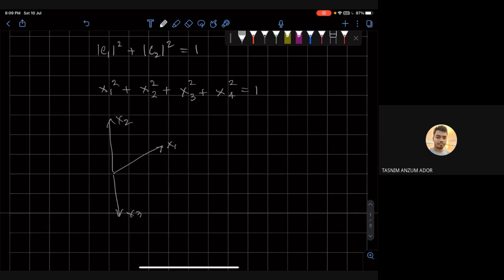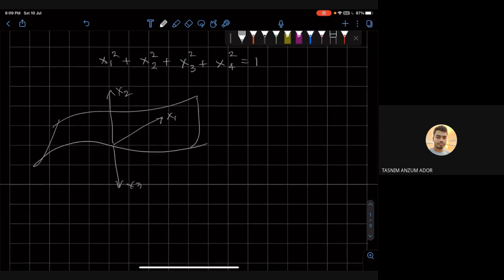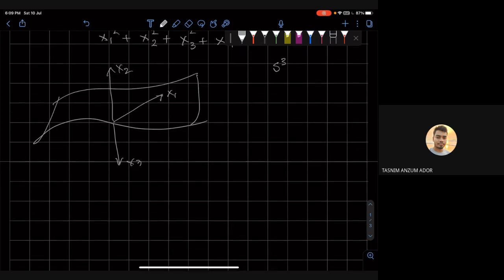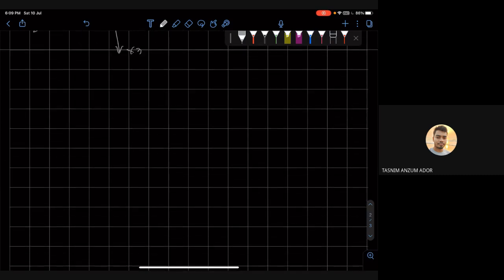And if there's one equation, then that specifies a 3-dimensional subspace in that 4-dimensional space, right? And my claim is that this equation defines a 3-dimensional sphere.